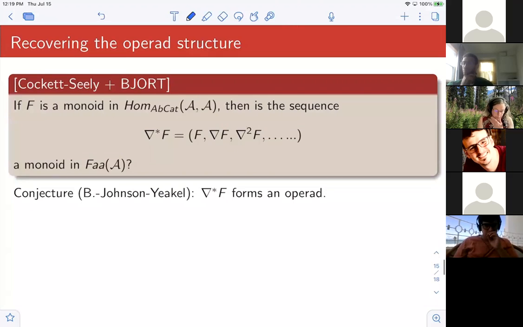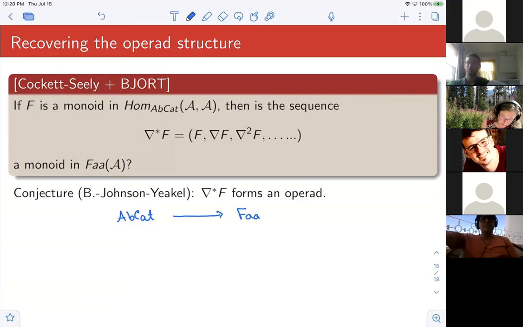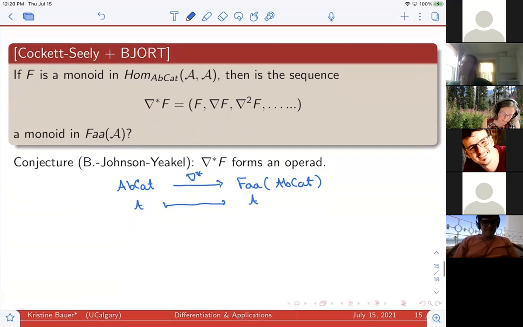Okay, well, remember that my nabla functor in this case, because the category of abelian categories is a Cartesian differential category, then I should get a functor from ABCAT, the Cartesian differential category ABCAT, to Fa of ABCAT. All right, so we'll call this nabla star. So this is going to take an abelian category A to A. Remember, it's the identity on objects, and I've already showed you what this is going to do on a functor f. This is going to take this to that sequence, nabla star f, of derivatives.